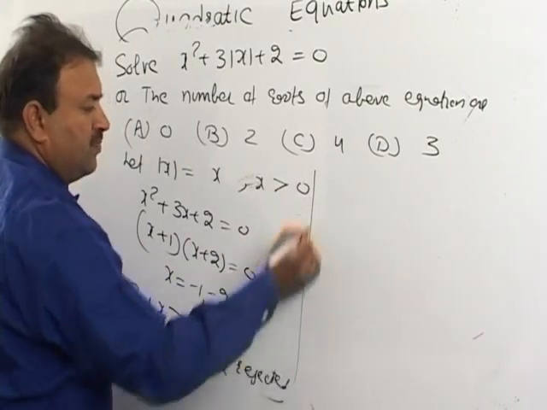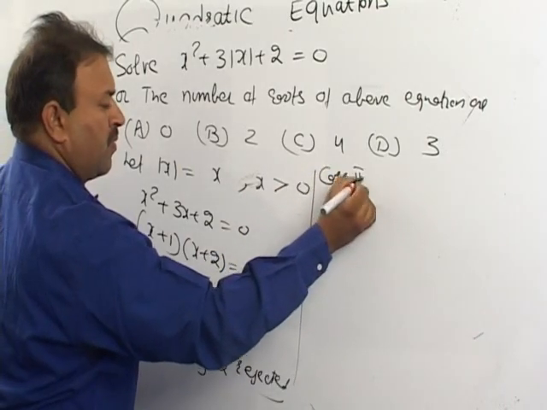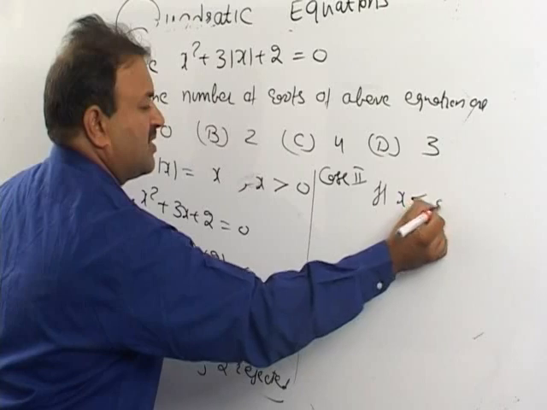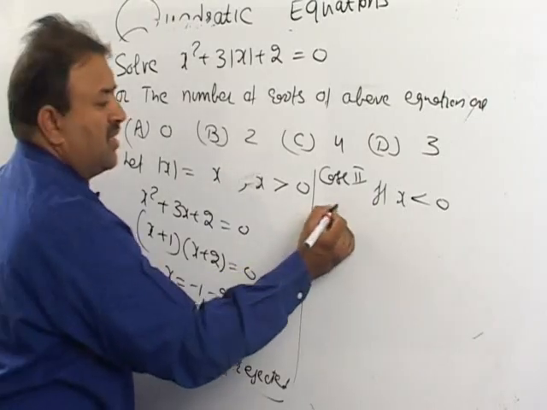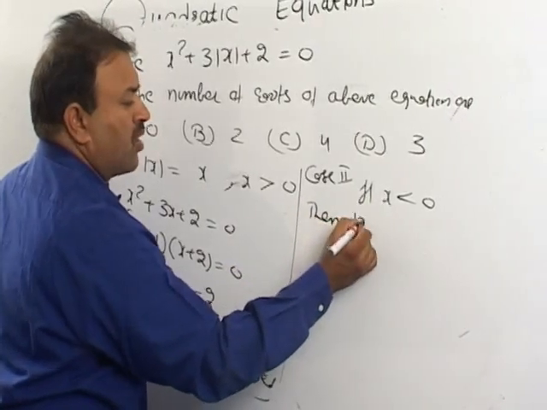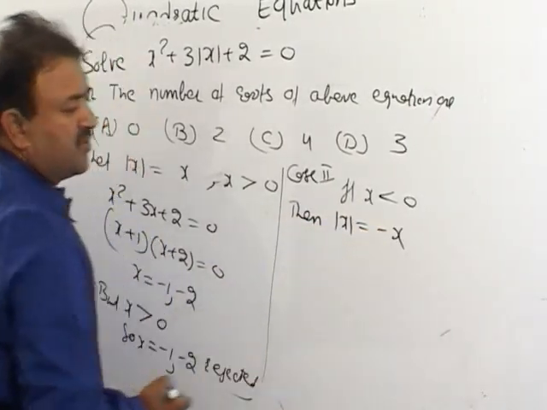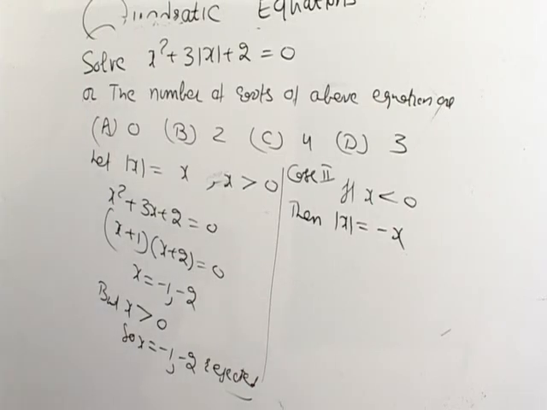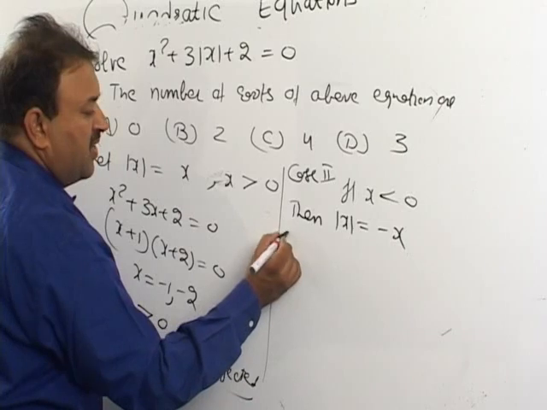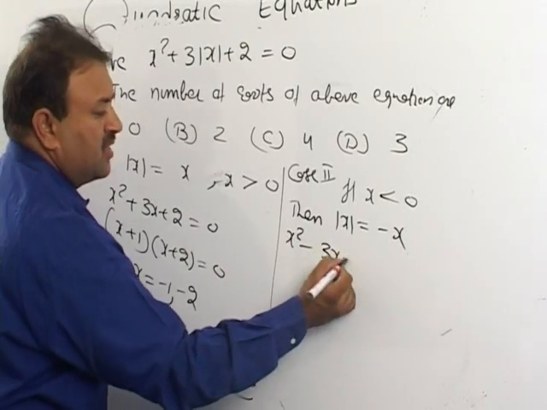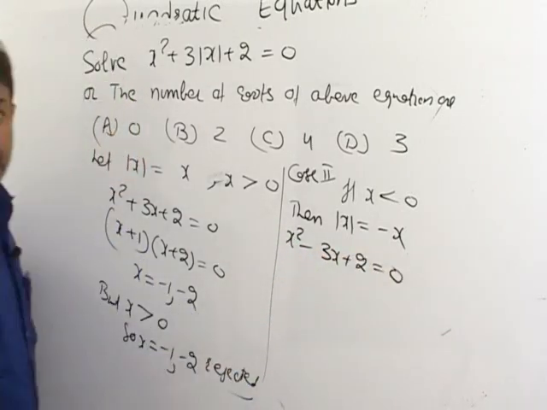Then case 2, if x less than 0. If x is less than 0, then modulus x is equal to minus x. Then our equation will reduce to x square minus 3x plus 2 is equal to 0.